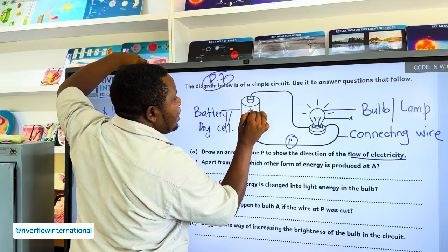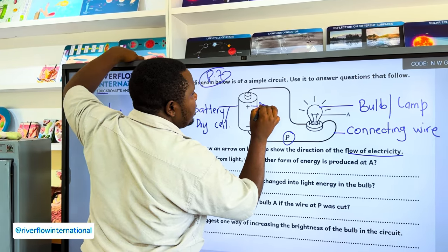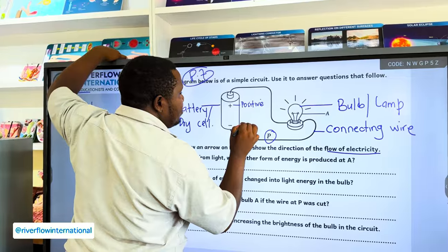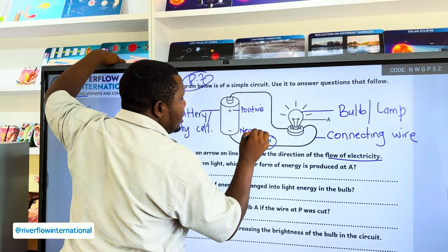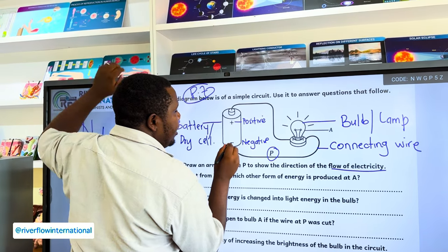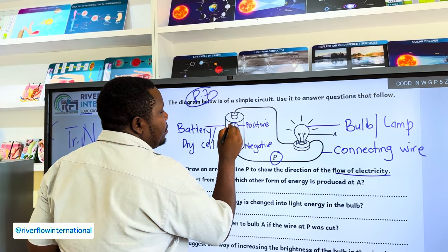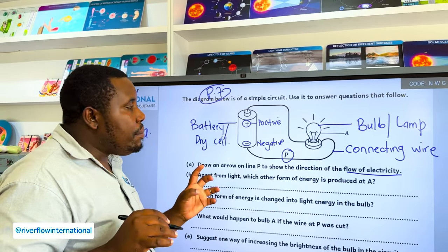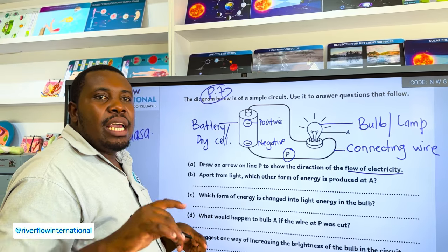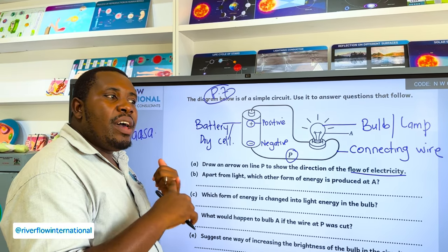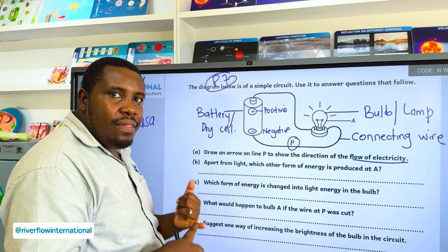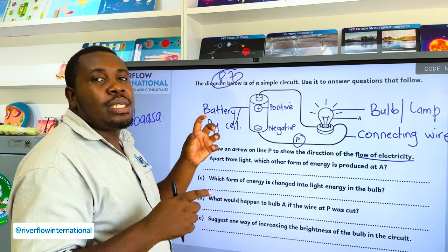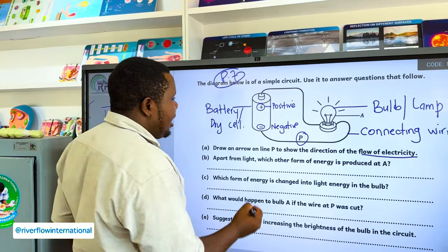Remember, this dry cell has this side which is the positive terminal, and this one becomes the negative terminal, just by signs. This is the negative, this is the positive, which means that if we want to determine the direction of electricity, number one, we need to know the direction of electrons and then the direction of electric current, which is the electricity, because these move in opposite directions.